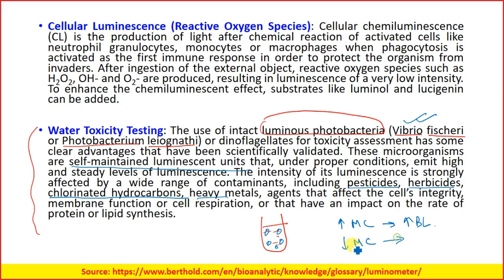If that is happening, that means your bioluminescence will also be lower, and in this way we can quickly analyze whether a given water is toxic or not, or in other words, whether the given water has toxic contaminants like pesticides, herbicides, and other chemical compounds.